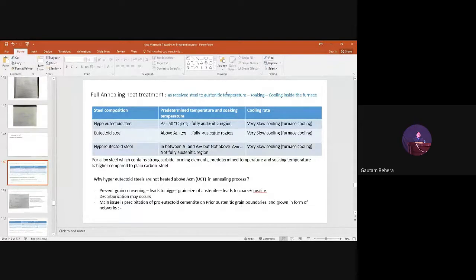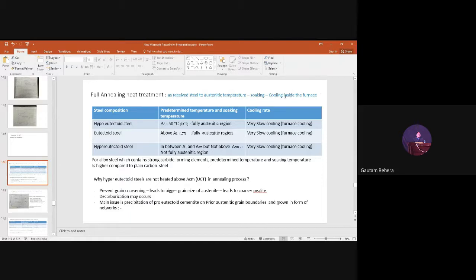Then after taking the steel to the austenitizing temperature, we have to hold the steel for a particular duration of time. And that depends upon the composition of steel and the thickness of steel, and like that, right? So after doing soaking, then finally we have to do cooling.